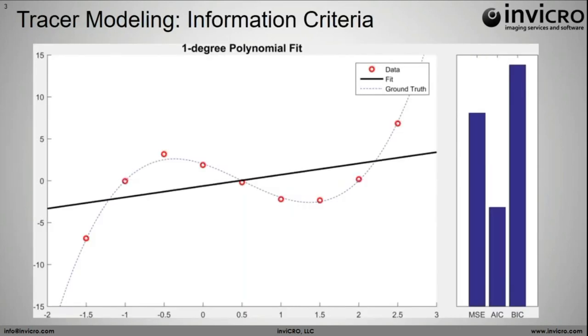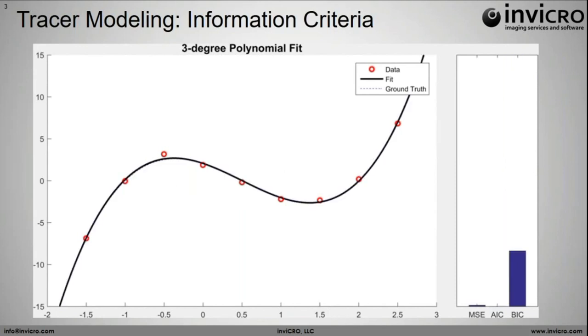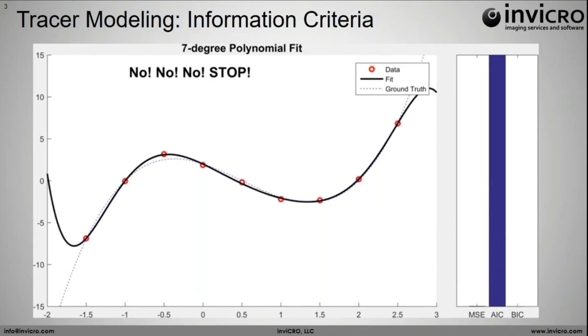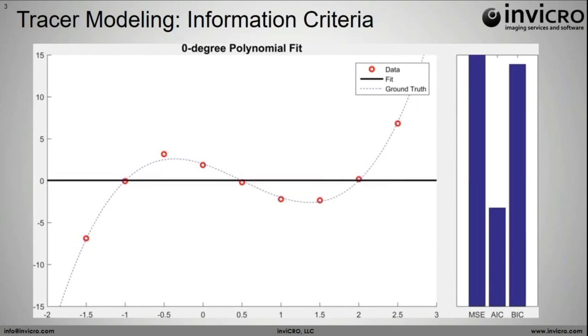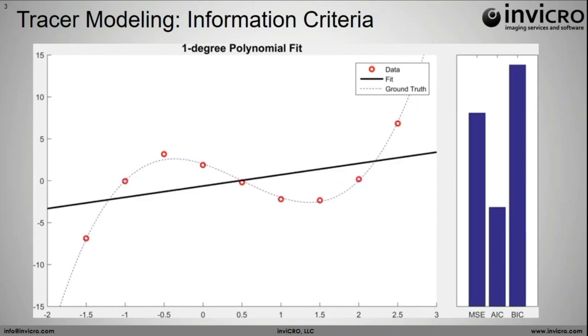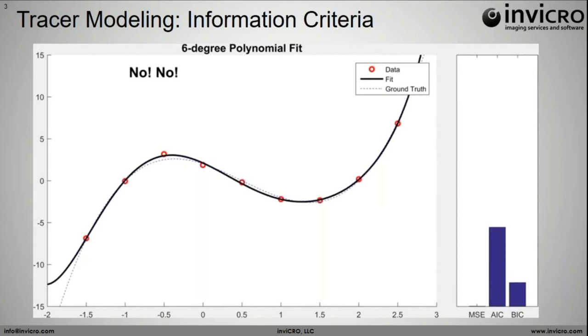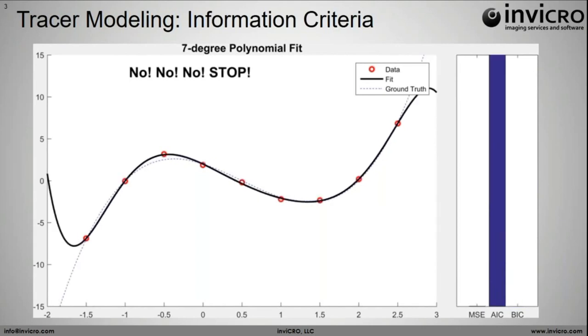In particular with our models, we introduced the tracer modeling package just last year. We've added quite a few new features to it, one of them being information criteria to be used for model selection. As any of you familiar with modeling might know, it's important to know that mean squared error isn't always the best thing to select which model to use.